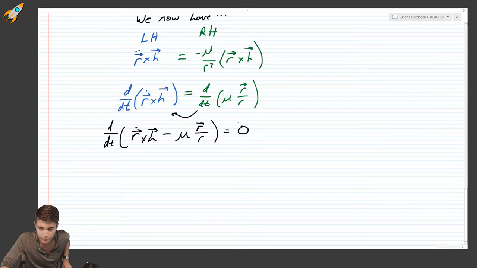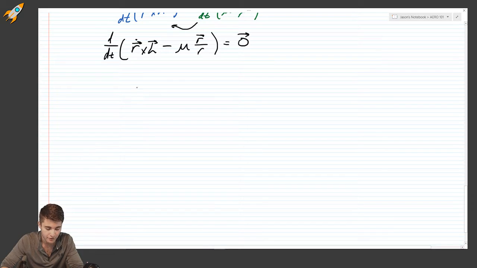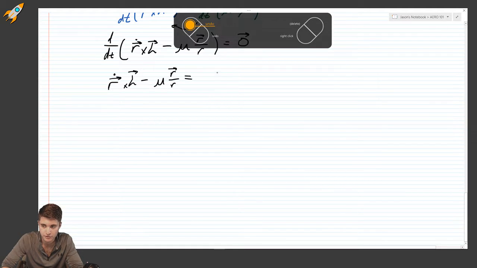Because I'm just moving this over. Let's integrate a little bit and let's see what happens. If we integrate, we get rid of this d over dt: r dot cross h minus mu r over r is equal to a constant vector. I'm just going to put c there.